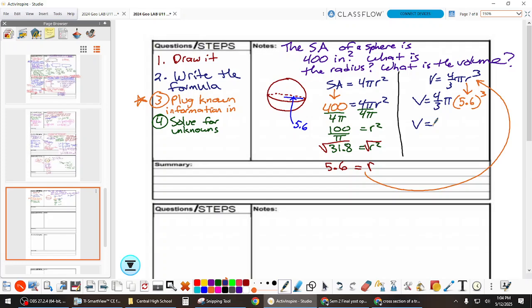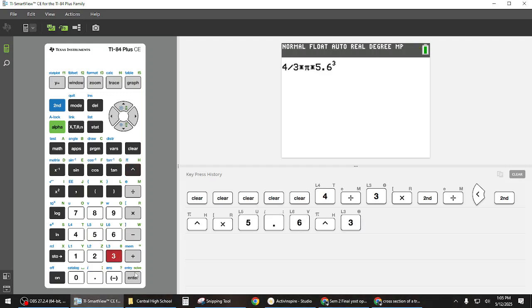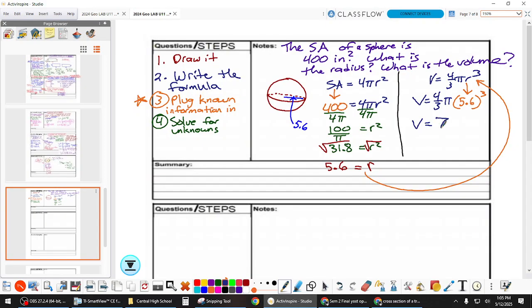Here, I'll plug it in here. 4/3 times pi times 5.6 cubed. Nope, that was a little too high. Oh, it's because I did it to the 4th. I did something wrong. That's 735.6. Yeah, good job. Anyway, that is units cubed.